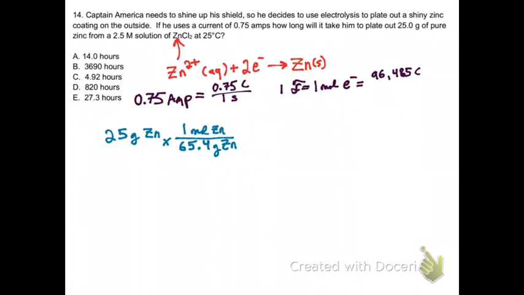Now then, this is where the equation becomes really important, because we can see that for every 1 mole of zinc we want to make, it's going to take 2 moles of electrons. So that's going to be our next conversion factor, 1 mole of zinc necessitates 2 moles of electrons.